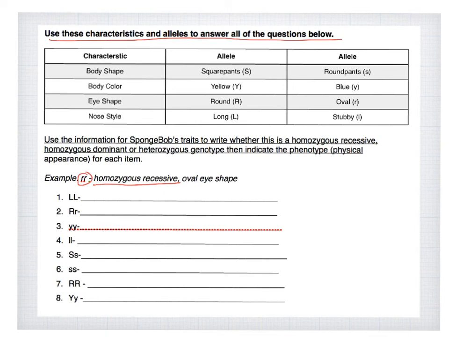R deals with the eye shape, so the oval eye shape is recessive, so that would be expressed. And this one, big L, big L. Since it's both uppercase letters, it would be homozygous dominant. L deals with nose style, so this would give us a long nose.